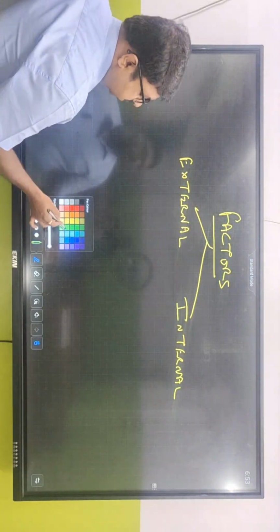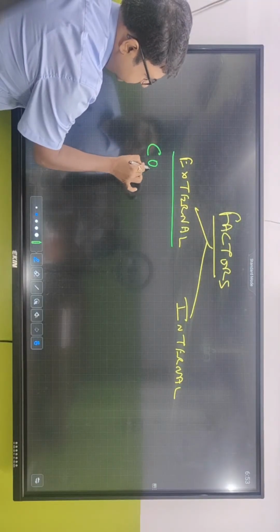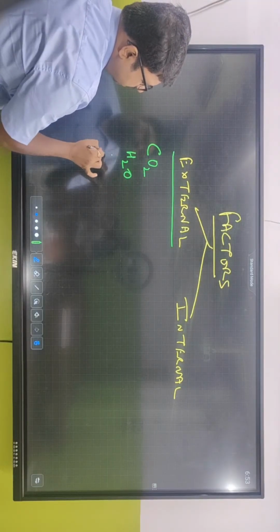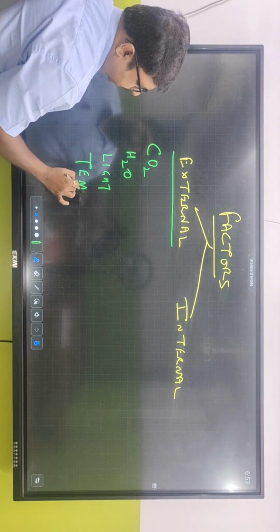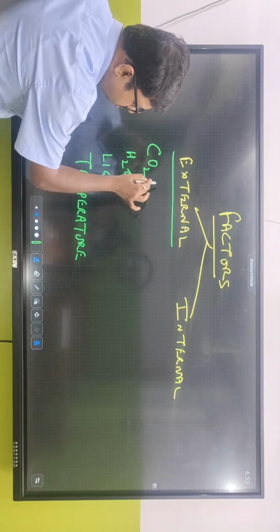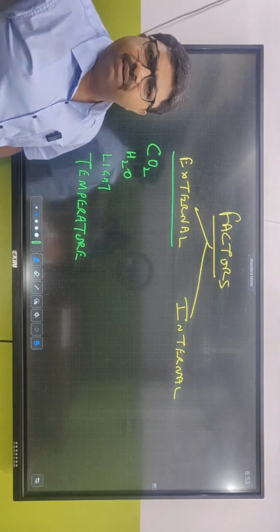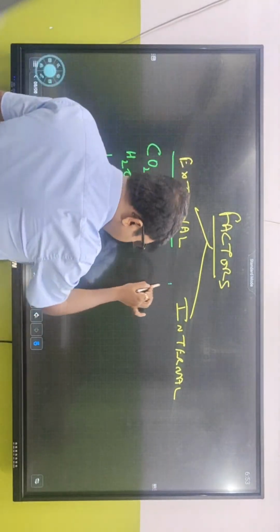Which ones will go under external factors? Come on: carbon dioxide, water, light, that is sunlight, and temperature. They are going to be the main external factors which can affect photosynthesis. Fine. What can be the internal factors?